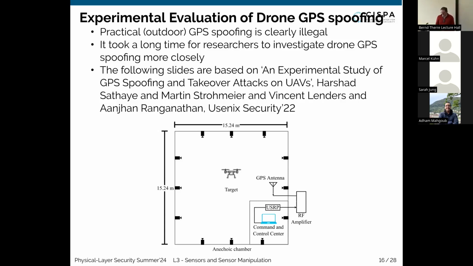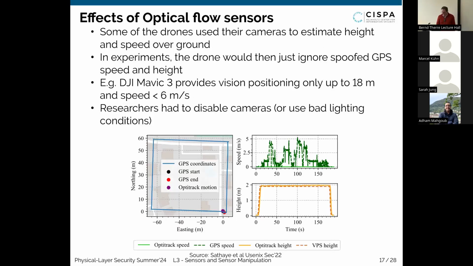What they found is that, first of all, you could do this. They replicated our results that you can do this spoofing even with commercial drones nowadays. But there were two interesting issues that I want to highlight. One is that the drones they were attacking had optical flow sensors, essentially cameras pointed at the ground.